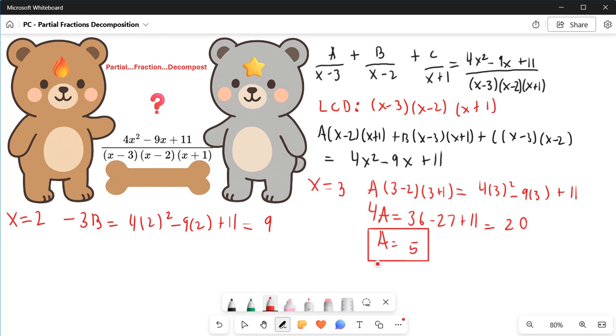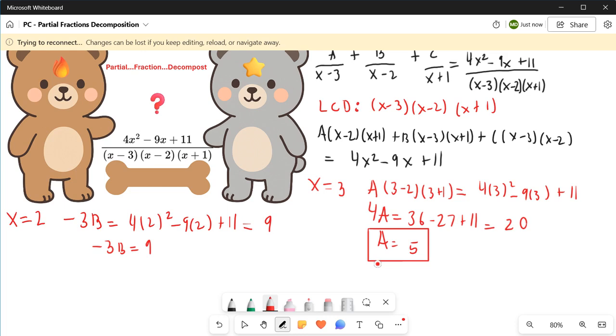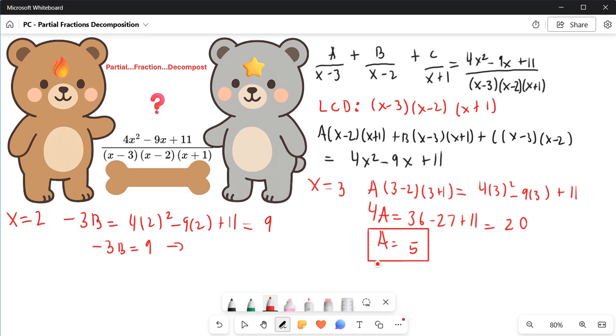Now, knowing this, negative 3B equals 9, and then we just solve for B. So B is going to be equal to negative 3. Okay.